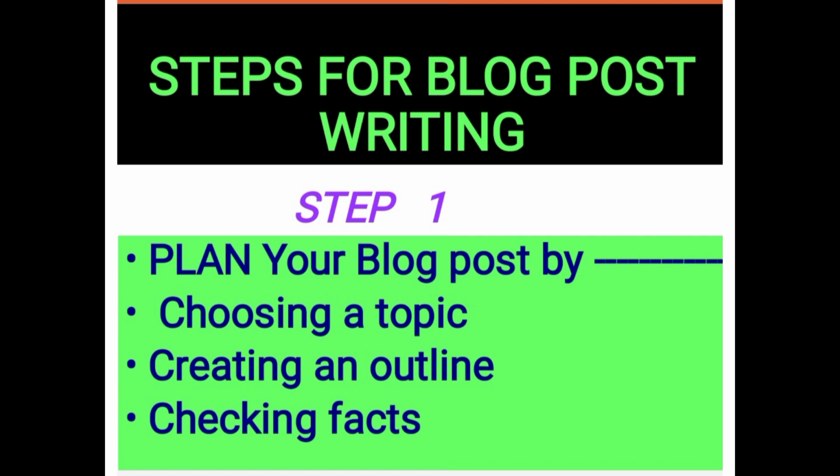Before writing, planning is needed. Plan your blog post by choosing a topic, creating an outline, conducting research, and checking facts. Planning means the things a blogger should do before putting pen to paper.